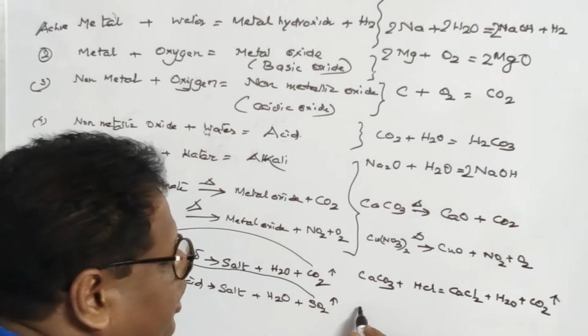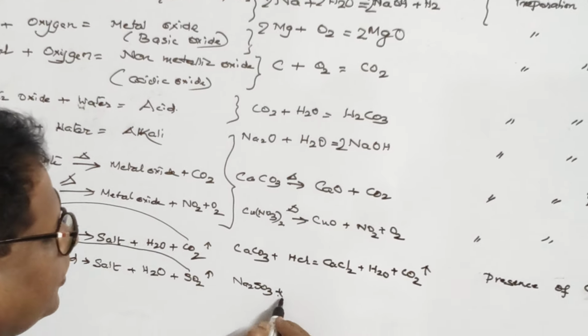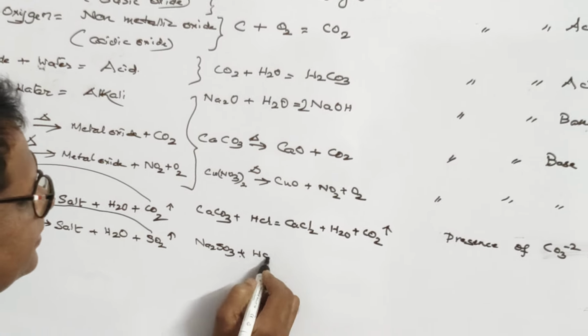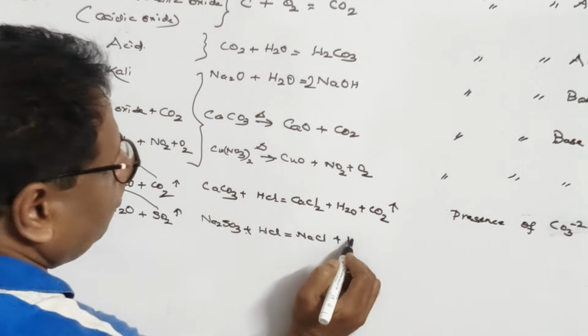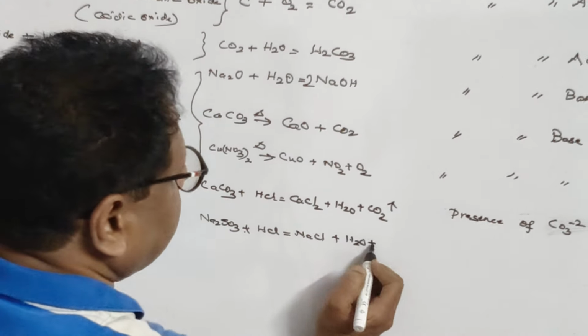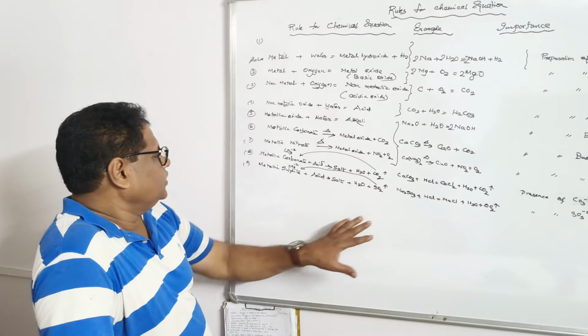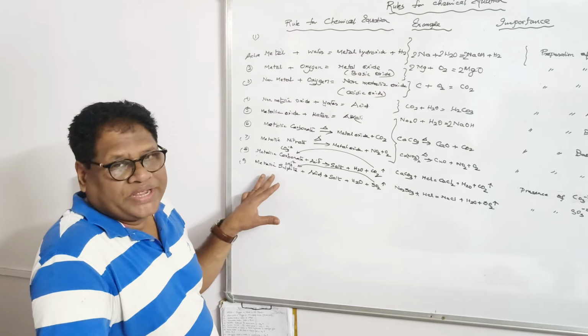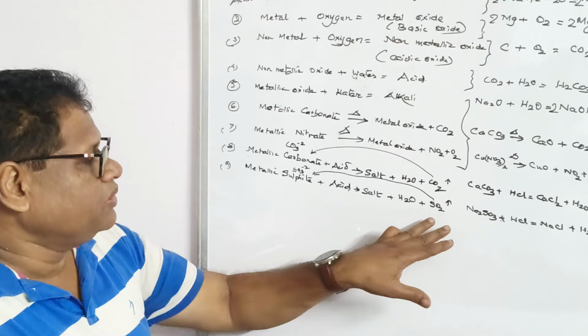So let us give an example over here. If sodium sulfite reacts with HCl, it forms sodium chloride plus water plus sulfur dioxide, okay. So whenever you react a metallic sulfite with acid, it forms salt plus water plus SO2.